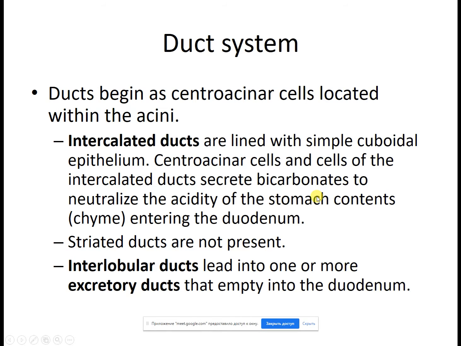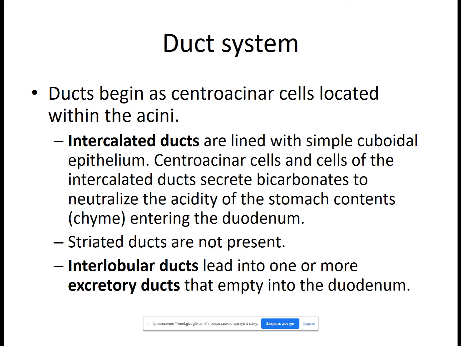You see, we already had pyloric glands, which produce bicarbonates. We have Brunner's glands, which produce bicarbonates, and even here, centroacinar cells of the pancreas produce bicarbonates. You see how hard our digestive tract struggles against acidity.